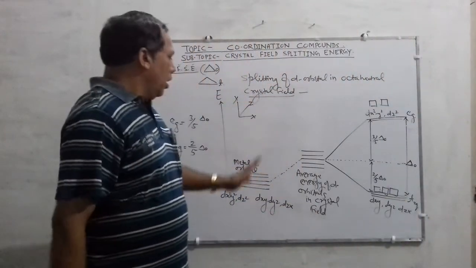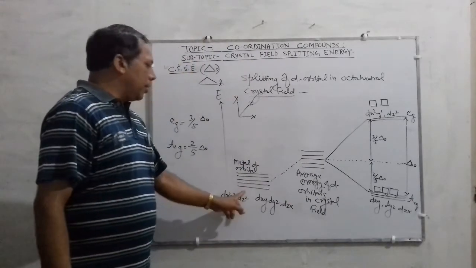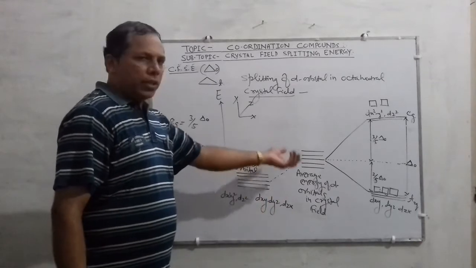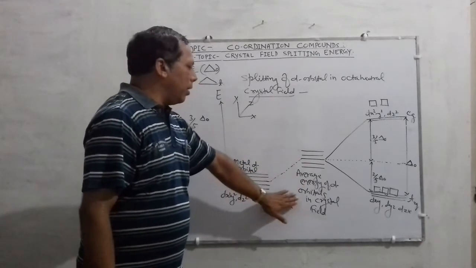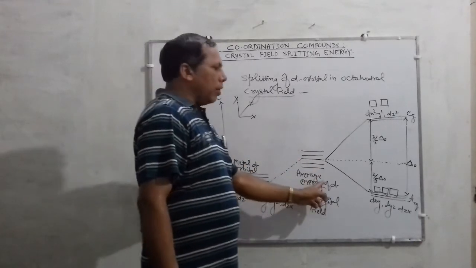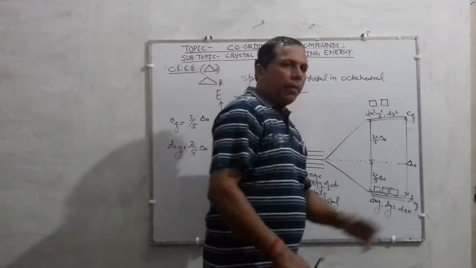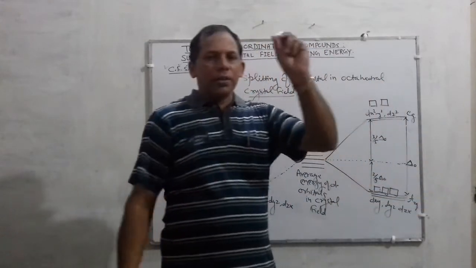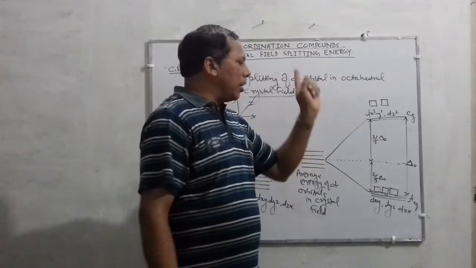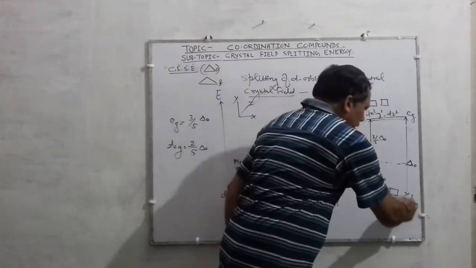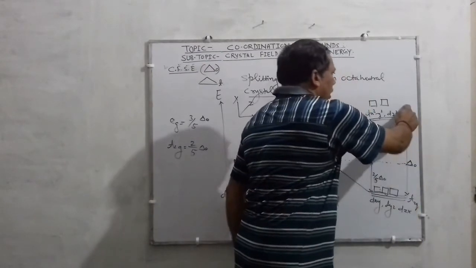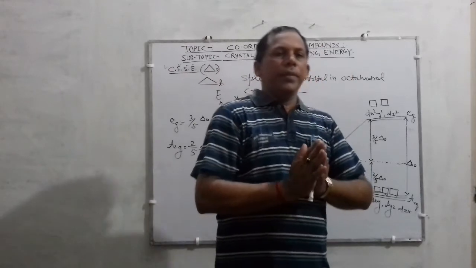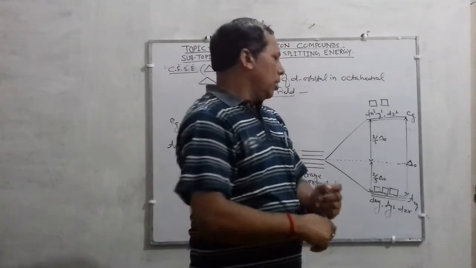Here too, the five degenerate metallic d orbitals get converted into the average energy of the orbitals. In octahedral splitting, the lower energy is T2g and the higher energy is Eg. But in tetrahedral splitting, it gets changed.